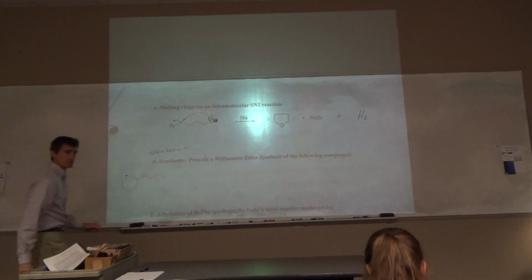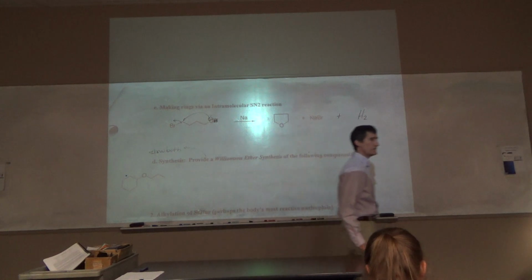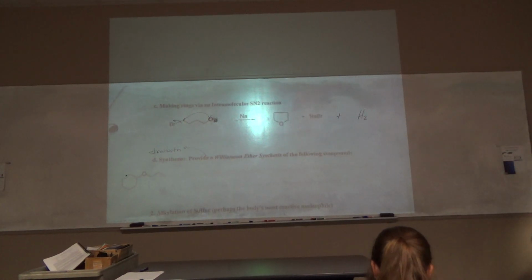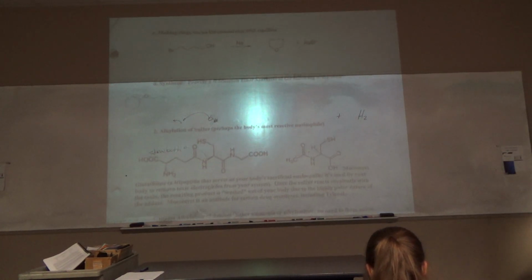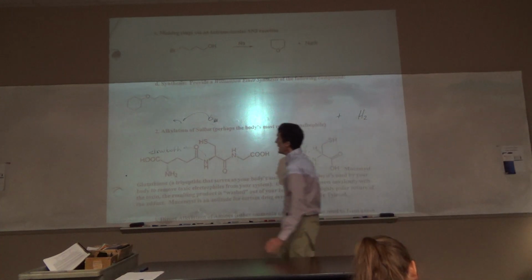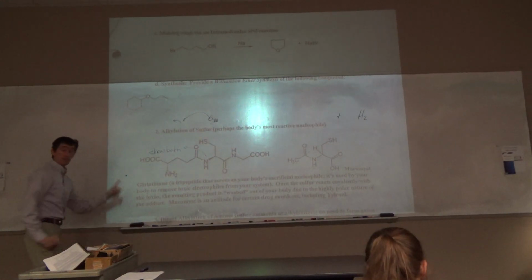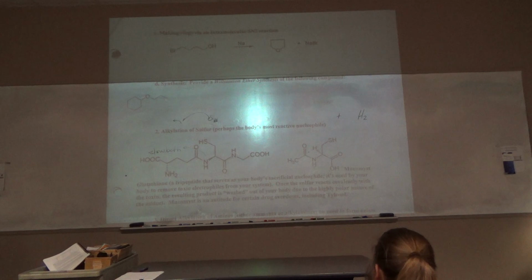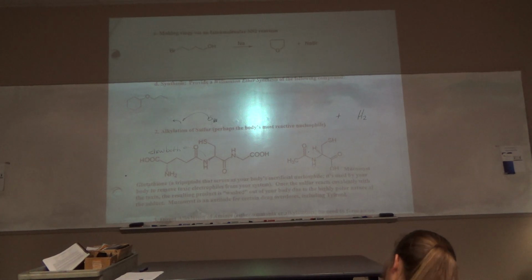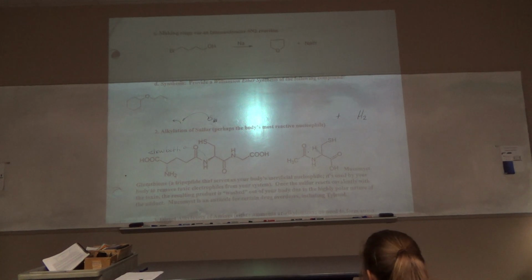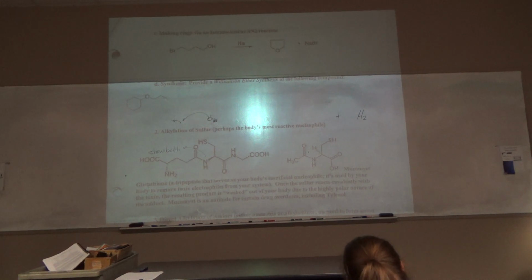Please do that on your own. We don't have time to get into it at this point. We'll look at it when we return. I'd recommend reading the subchapter on Williamson ether synthesis in your textbook. Probably turn to the chapter on ethers, and they're going to tell you how to make ethers, and the first way to make them is going to be Williamson ether synthesis.